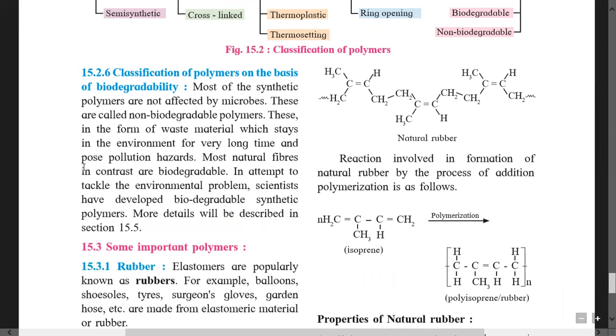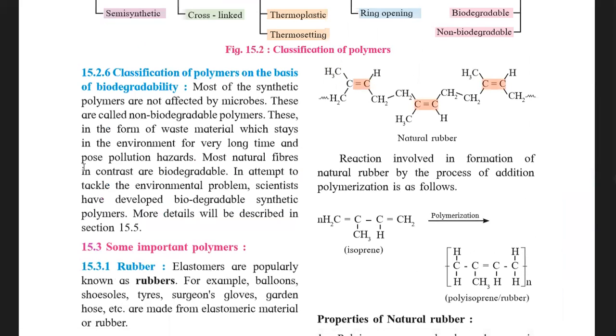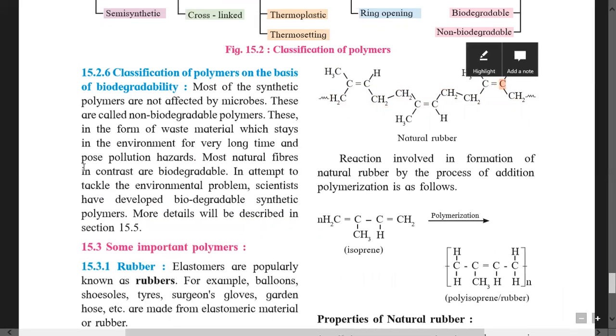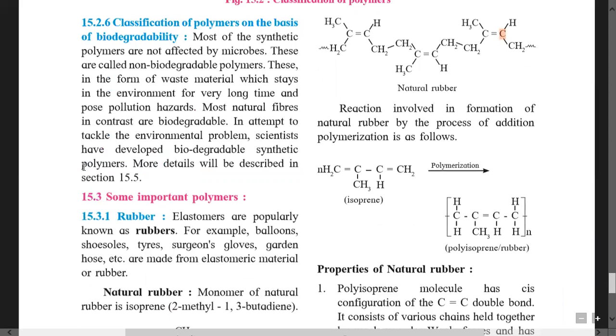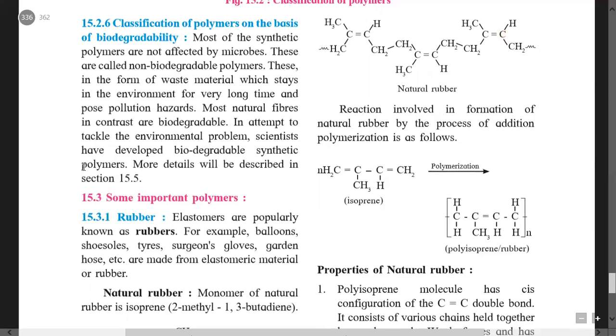The structure is like this. This is a CH3 group at the second position. Then a 1,3-butadiene, then a second molecule of 1,3-butadiene, then a third molecule of 1,3-butadiene. So this is the structure of the polymer that is called natural rubber.